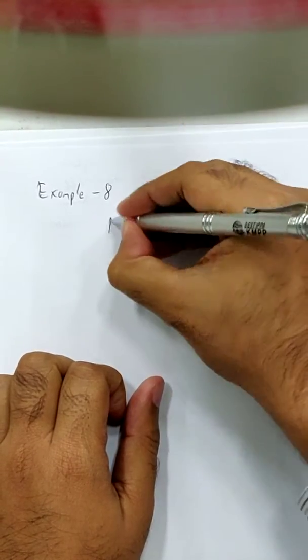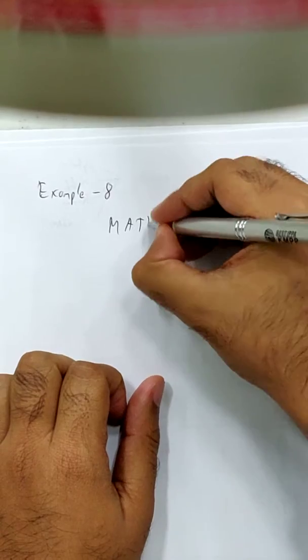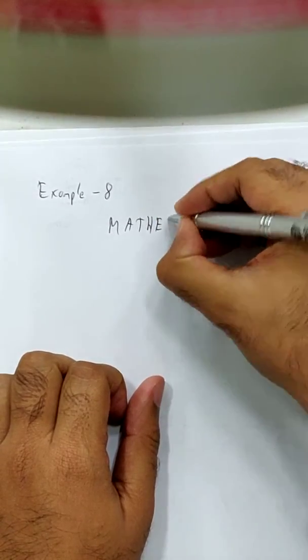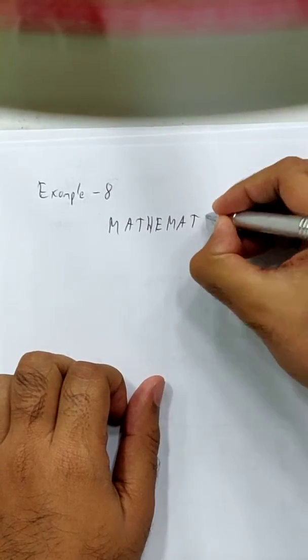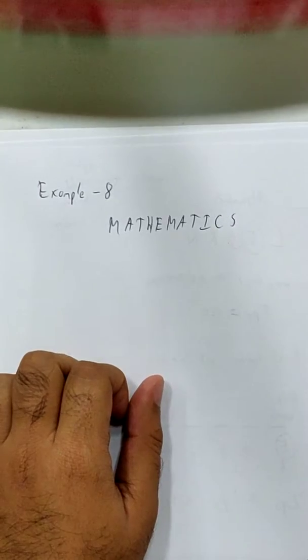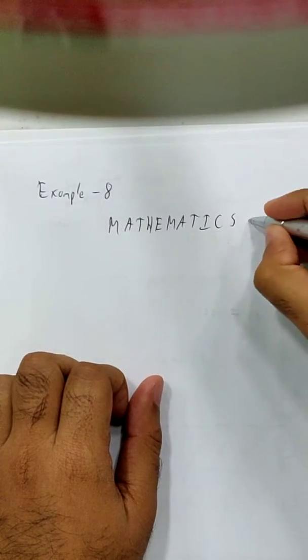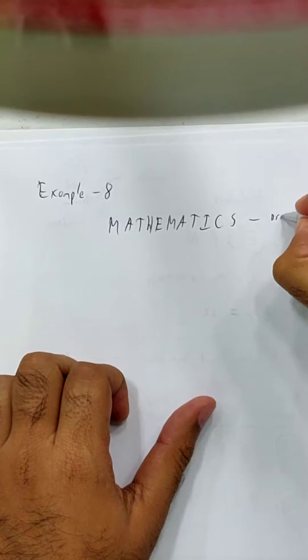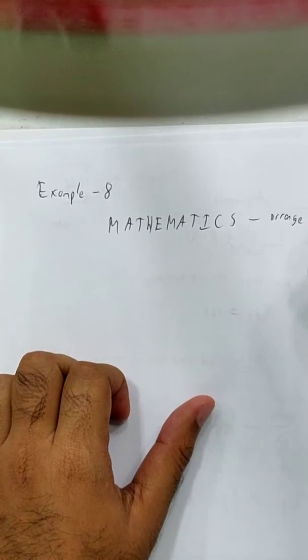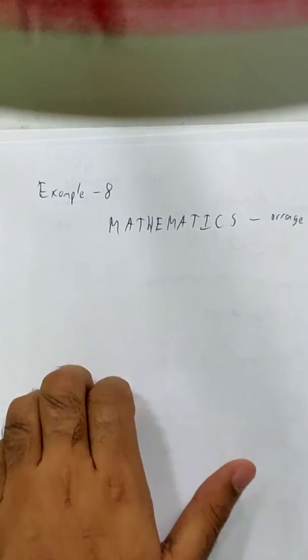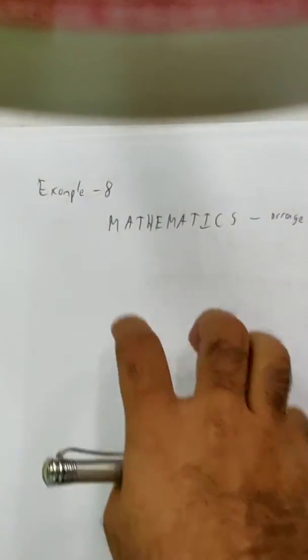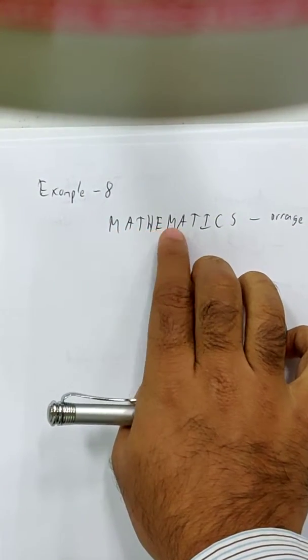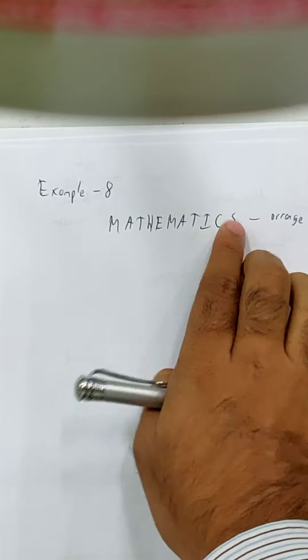Let's say you're given something like this, the word "mathematics". How many ways can I arrange them? How many letters do I have there? 1, 2, 3, 4, 5, 6, 7, 8, 9, 10, 11. So is it going to be 11p11?